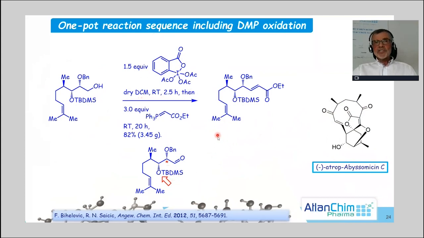So when the oxidation reaction is over, direct addition of this stabilized Wittig reagent into the reaction mixture gives the target intermediate here in 82% on almost 4-gram scale.